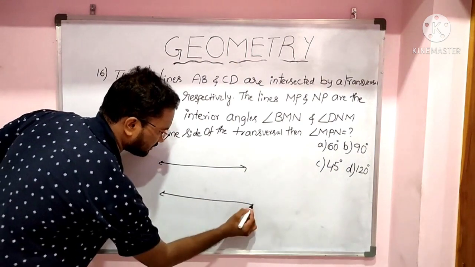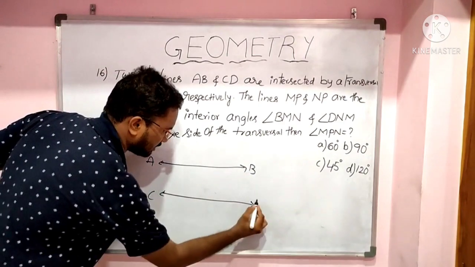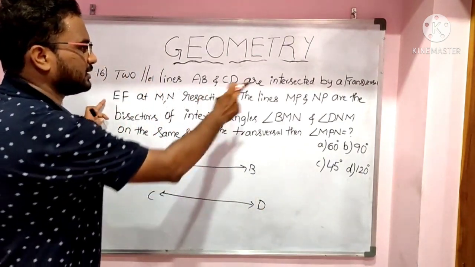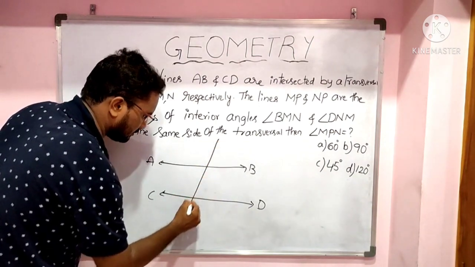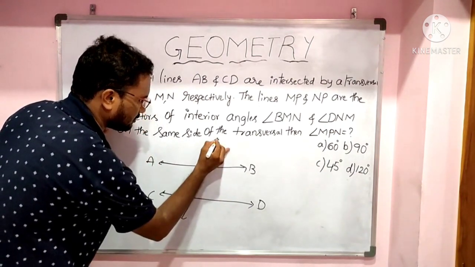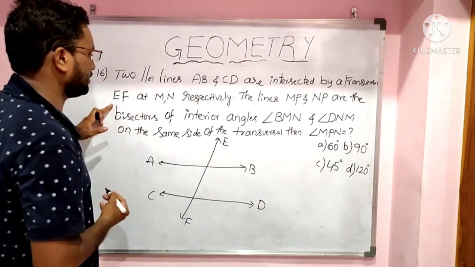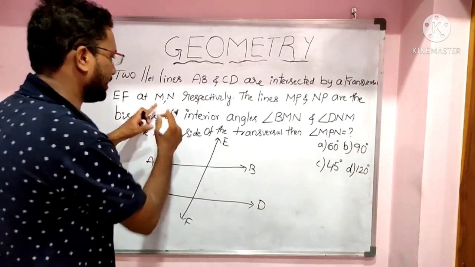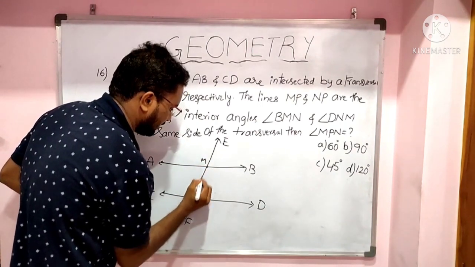These two are parallel lines, AB and CD, intersected by a transversal EF. This is the transversal EF, at M and N respectively. This is M.